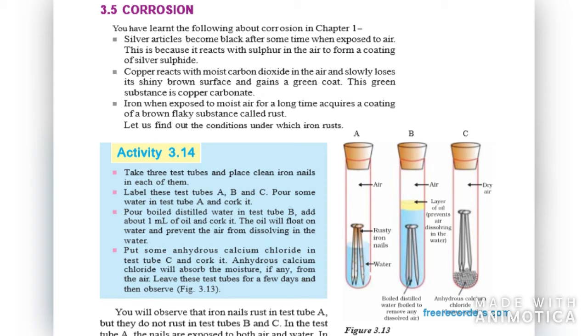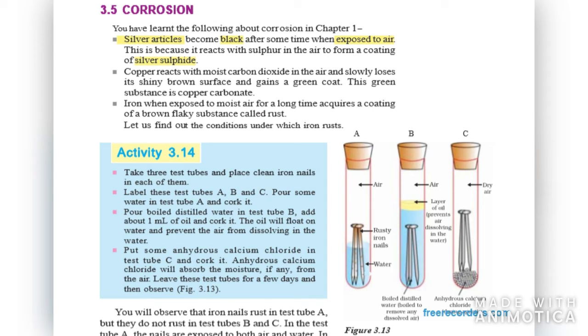Because it is reacting with air, it might be interacting with sulfur as well. So when silver combines with sulfur, they form silver sulfide, and it is black in color. So from silver, it gets converted into black color.